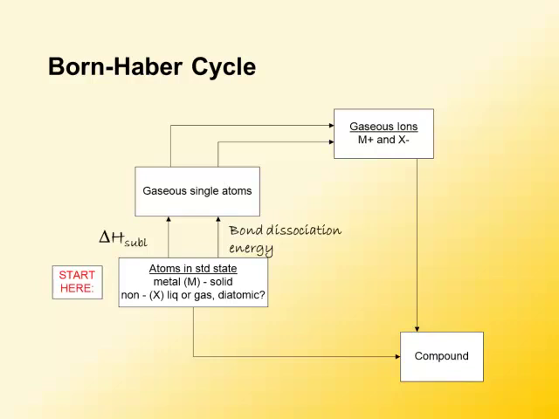Once we have gaseous atoms, we want to make them ions. What's the term for an element losing an electron? That's ionization energy that we've just been studying. What about a nonmetal gaining an electron? That would be electron affinity.